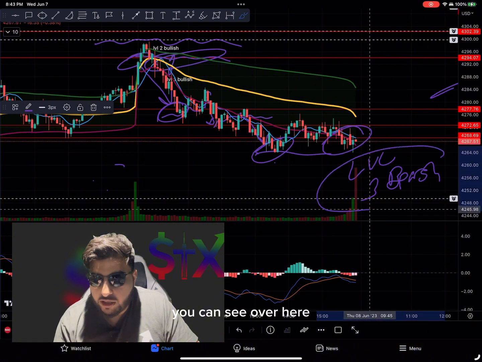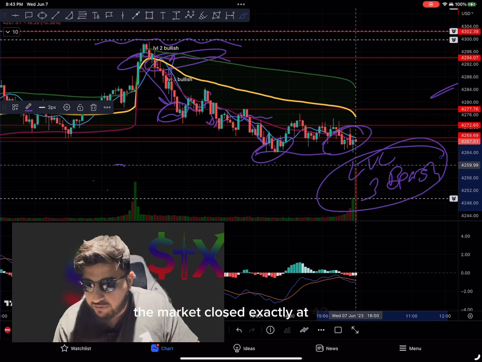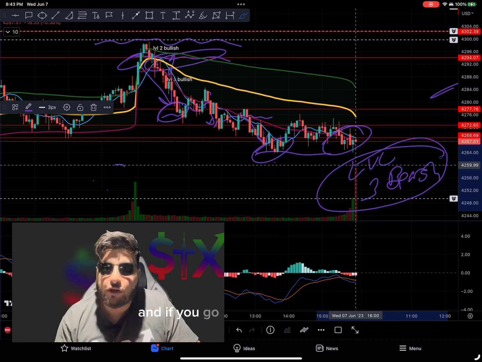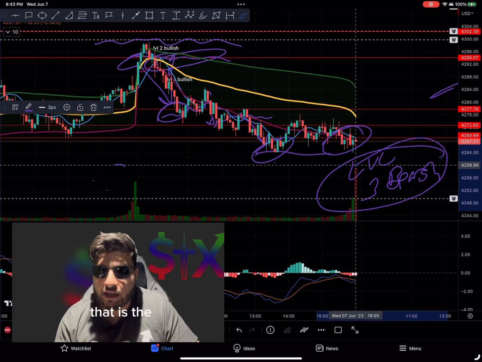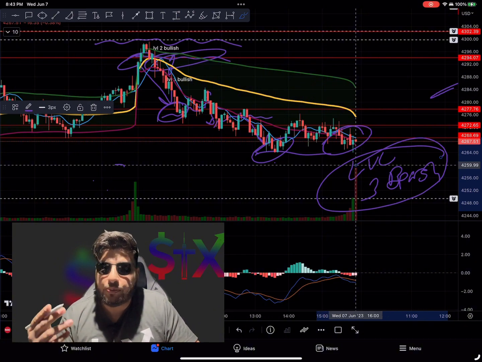You can see over here, this is where the market closed, literally right at my level 3 bearish. The market closed exactly at 42.68, and if you go back on my Discord, that is the key range that we saw on the bottom. So interesting to see that.